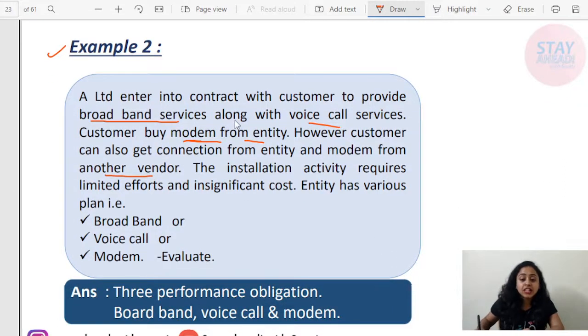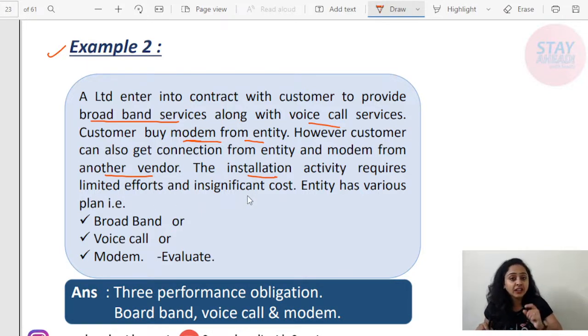The installation activity requires limited efforts and insignificant cost. We will read another concept right now in this lecture itself: when do we classify something as a separate performance obligation and when do we consider it as single? Right now, since the efforts of this installation are not significant, they will not majorly impact the whole contract.